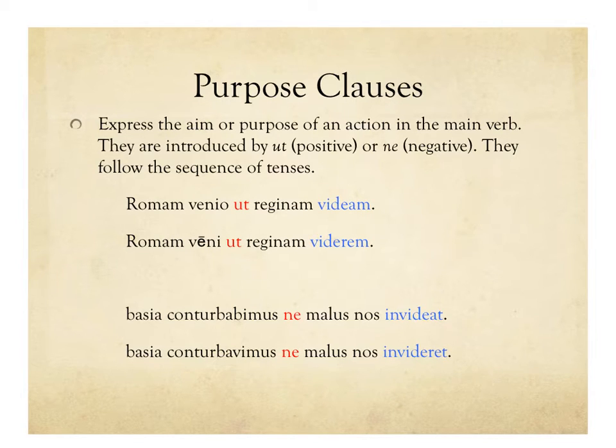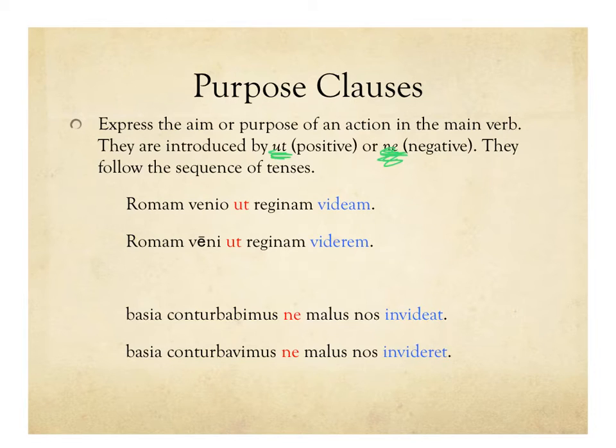In Latin, these kinds of clauses are expressed by ut if we want to show something that you're trying to do positively, or if it's negative, we use ne. And these clauses follow sequence of tenses. That is, if your main verb is a primary tense verb, present, future, or a perfect where we translate it have, then the verb in the purpose clause is going to be in the present subjunctive.